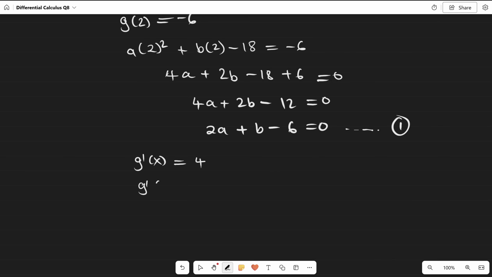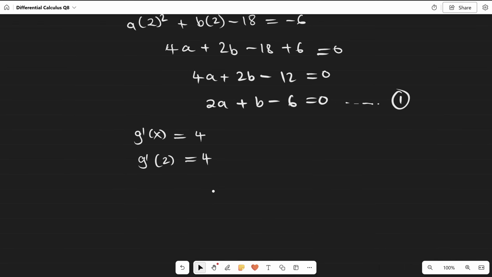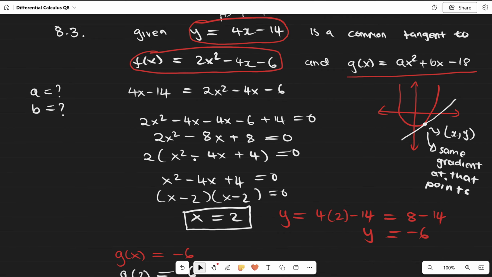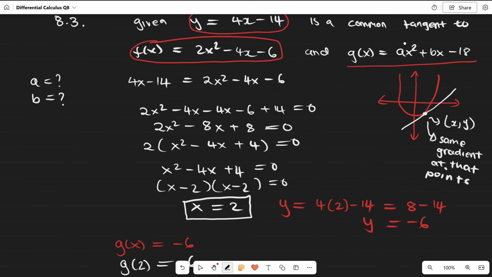So this is what we have. So from this, what can we say now? We can say that the g prime of 2, which g prime is what? We're just going to derive this function.